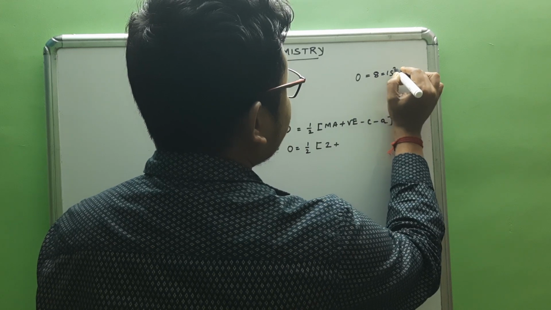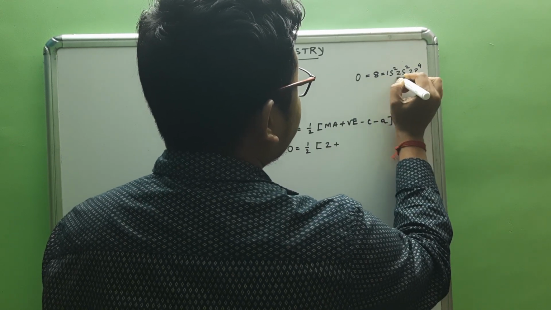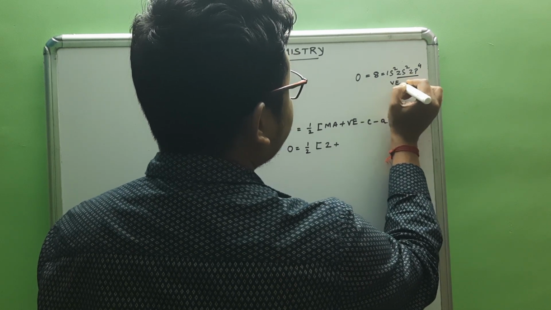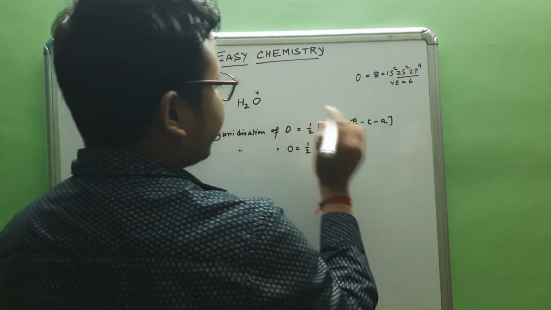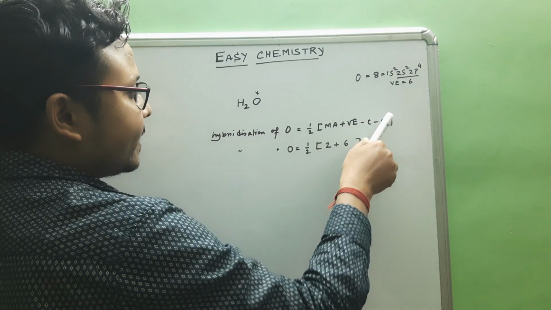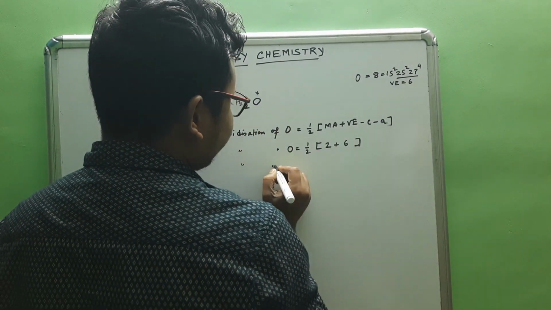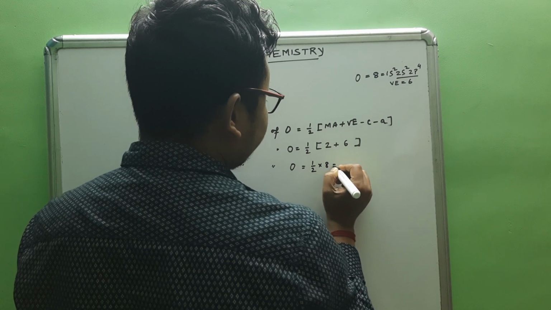So this is 1s2, 2s2, 2p4. So valence electron is 6, and this is a neutral molecule, so C and A are 0. So hybridization of oxygen becomes half into 8, that is 4.